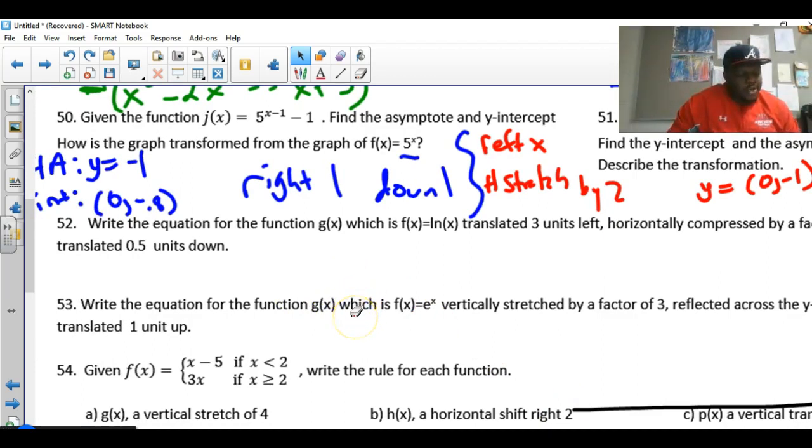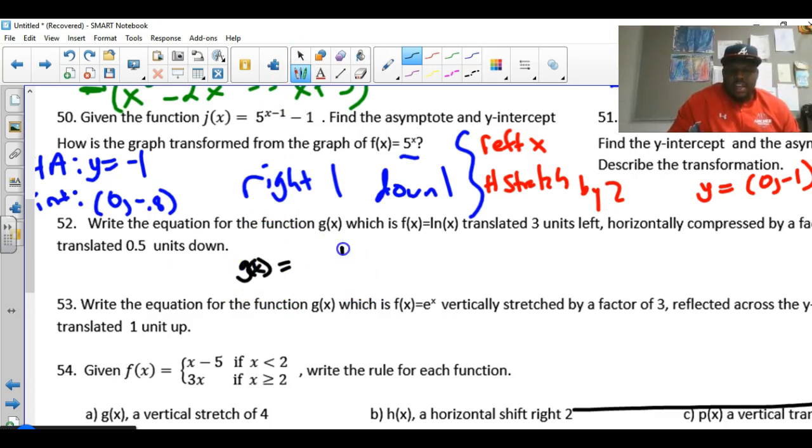So the first thing we need to address is, it's a natural log, so g of x here is going to have ln. Now, 3 units left means I'm going to go x plus 3.